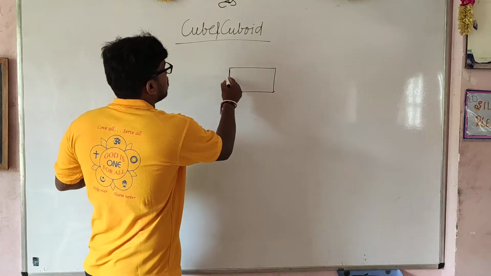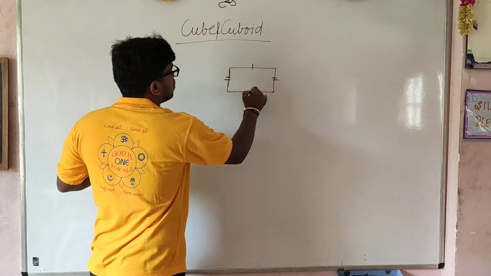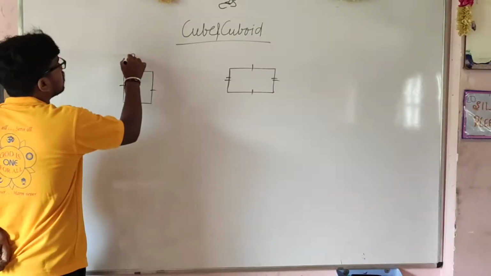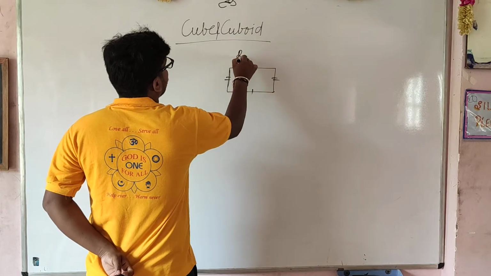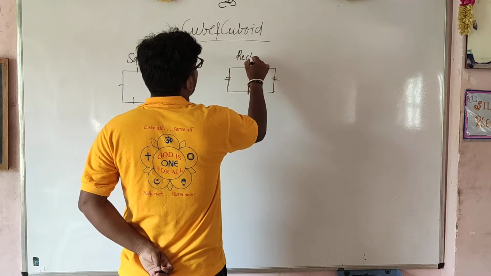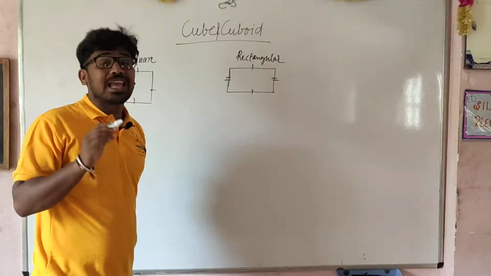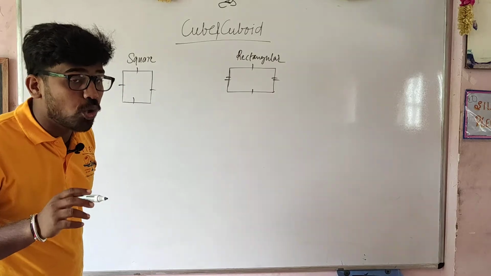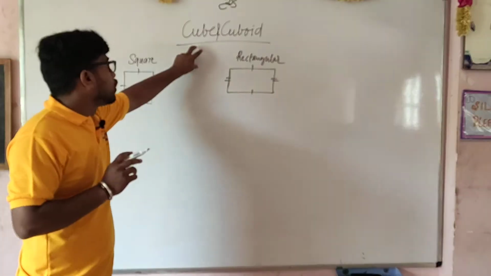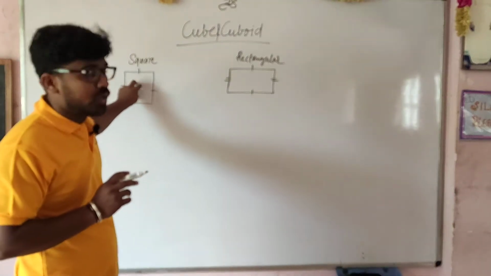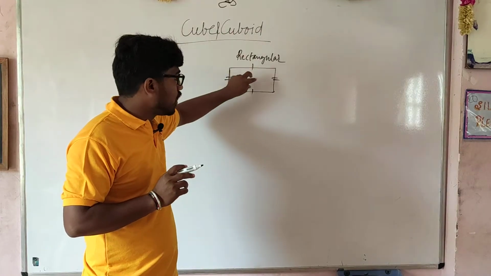You can see this is equal to this, this is equal to this, but in a square all the sides are equal. Same as cube and cuboid.